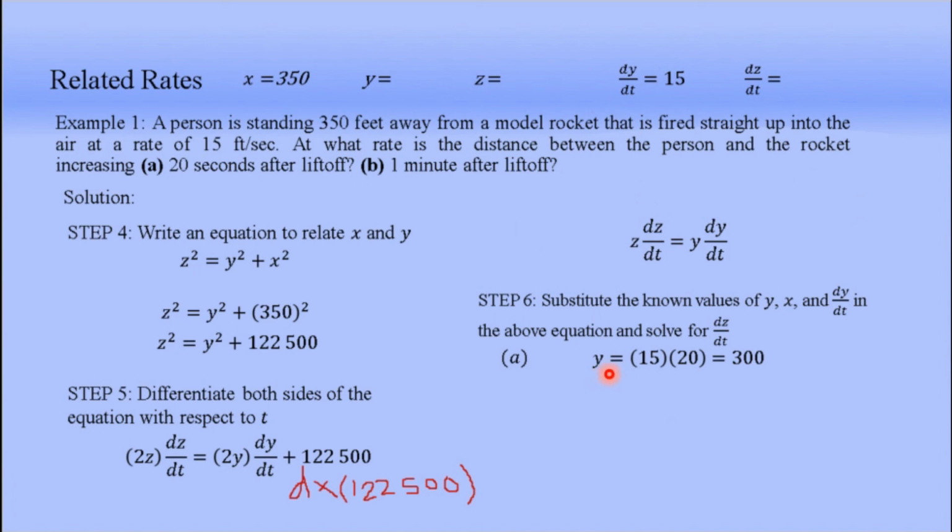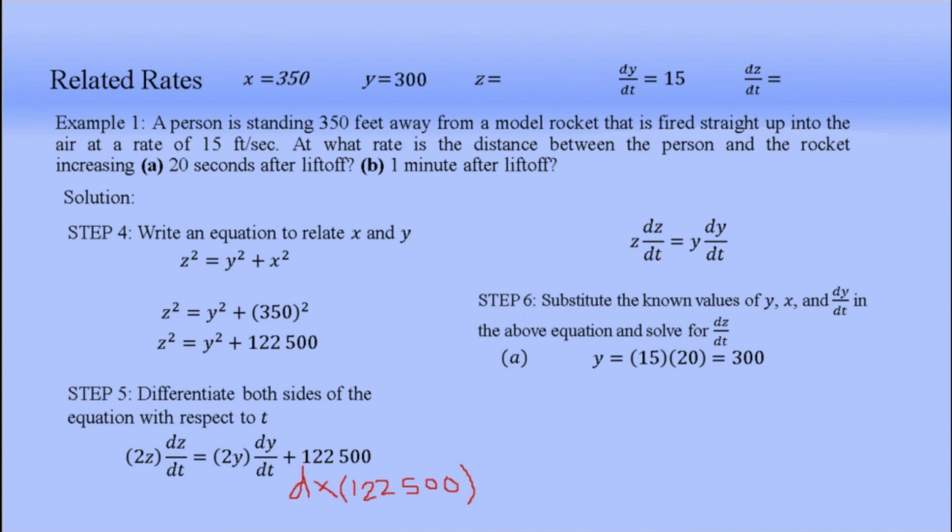So y is equal to 15, the dy/dt, times 20, which is the given 20 seconds. So 10 times 20 is 200, and 15 times 20 is 300. So that is our y.